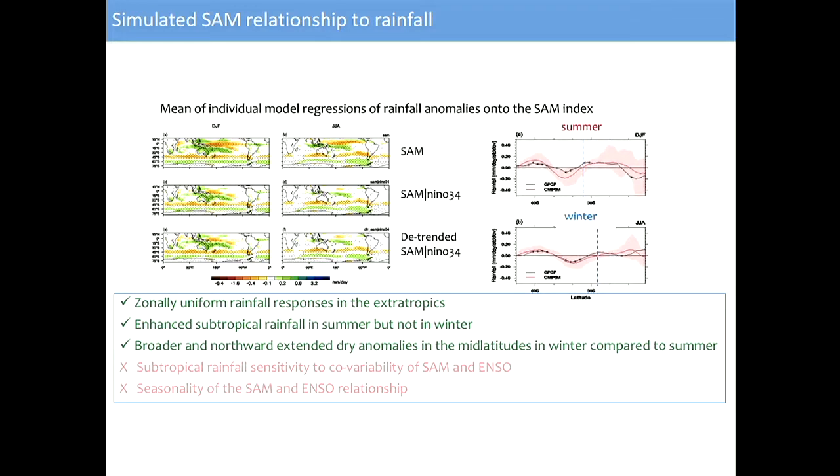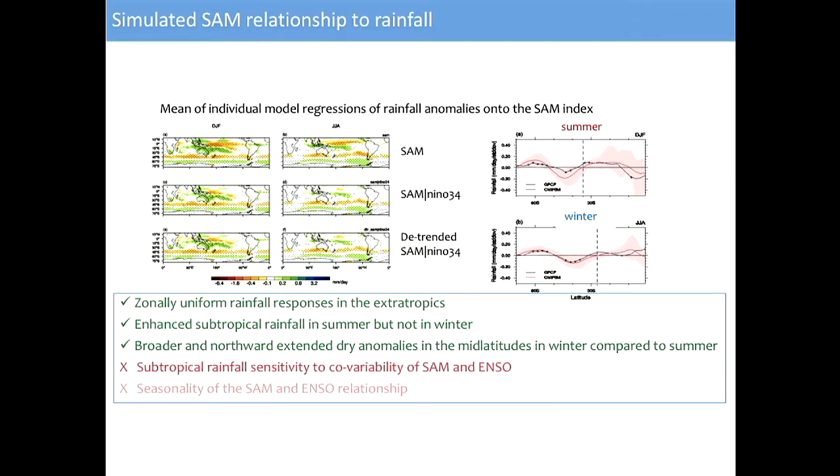They do get the enhanced subtropical rainfall in summer, and they don't get it in winter, similar to the observations. But they don't get the subtropical rainfall sensitivity to the covariability of SAM and ENSO, and they don't get the seasonality of this SAM and ENSO relationship.